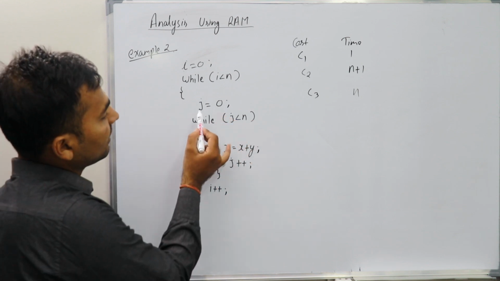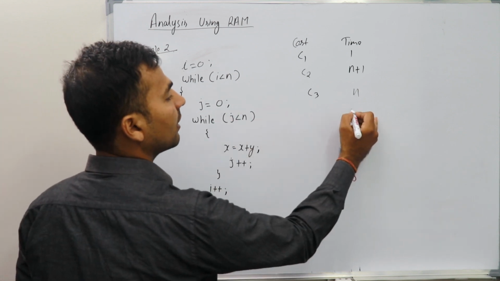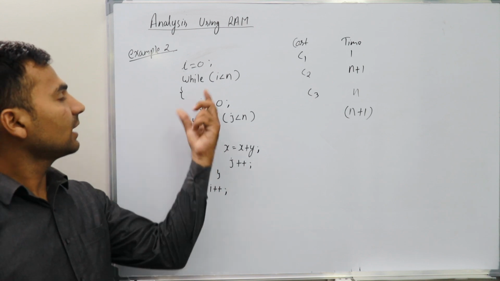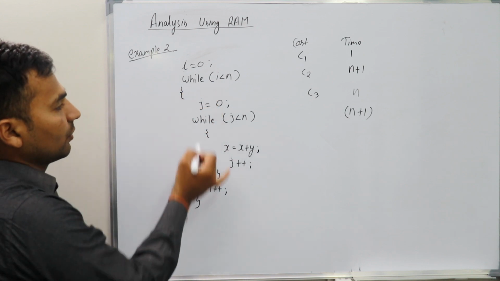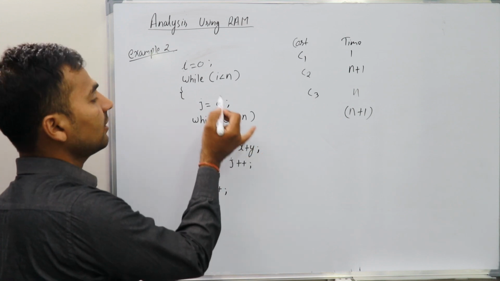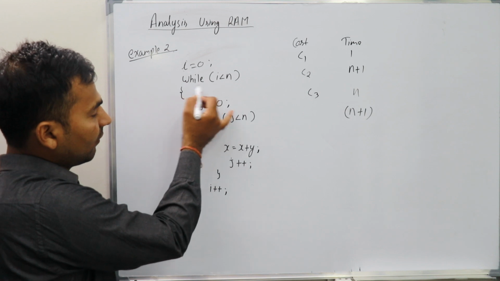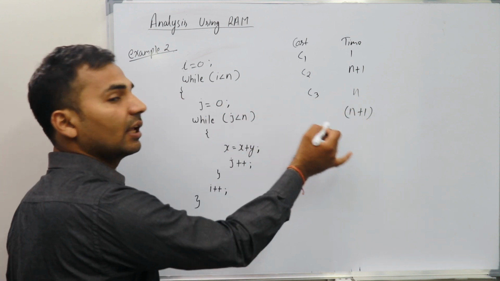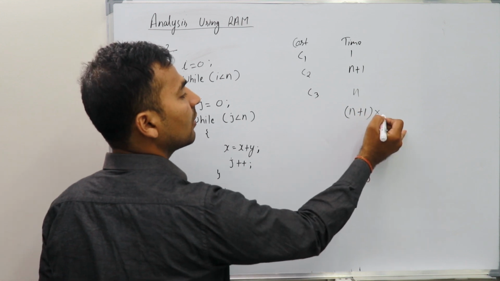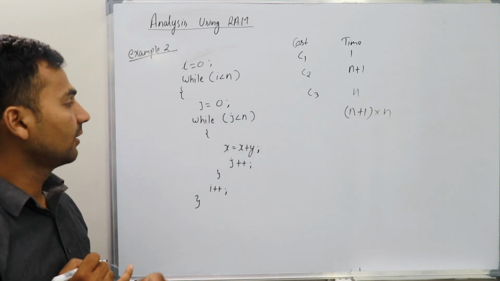Now see here, j starts from 0 and j is less than or equal to n, therefore it runs for n plus 1 times, right? But it is inside this while loop. So there are n plus 1 comparisons because of this while loop, as this is inside the body of the first while loop, and the body of the first while loop executes for n times, therefore there are n plus 1 into n comparisons, because it is inside the first while loop, right?